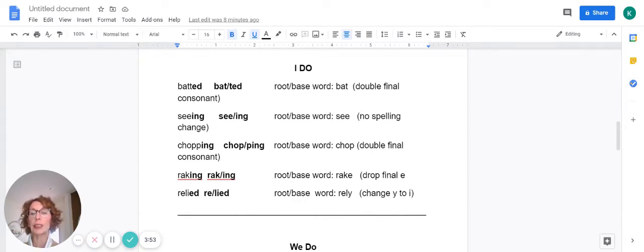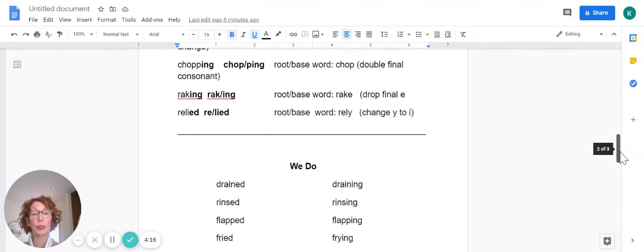Okay, next word is relied. The root or base word is rely. We applied the change the y to i spelling rule, and we have a 2-syllable word, relied. It's really important that you understand and identify the spelling rules when decoding these words.